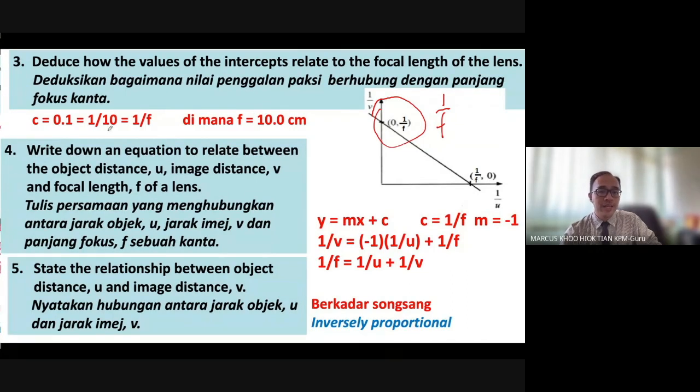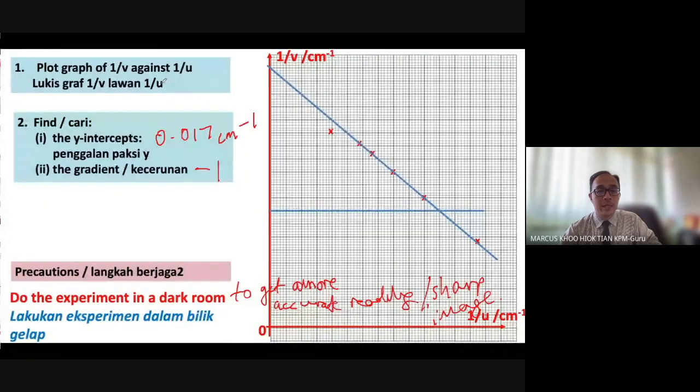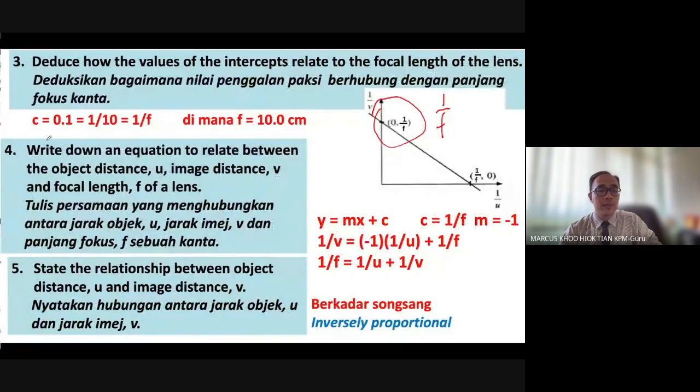So in Faith's case just now, this is my example. When I did the reading, I got 0.1 for my y-intercept, but Faith got 0.017. Fine, so let's use 0.017. So we use c equals 0.017. This is again Faith's reading, everybody.